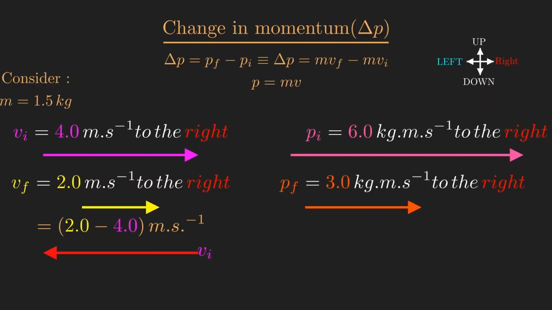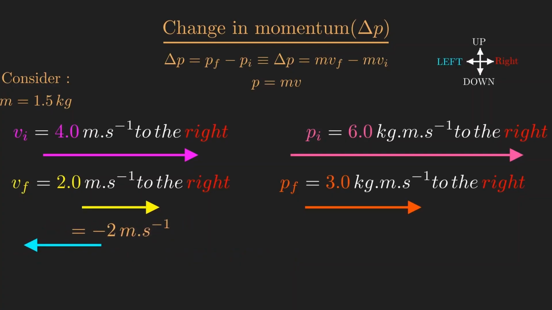So that's v initial, then this is minus v initial, then you add v final, then the result should be v final minus v initial. And you can tell that the resultant vector here points to the left. So the change in velocity is equal to 2 meters per second to the left.